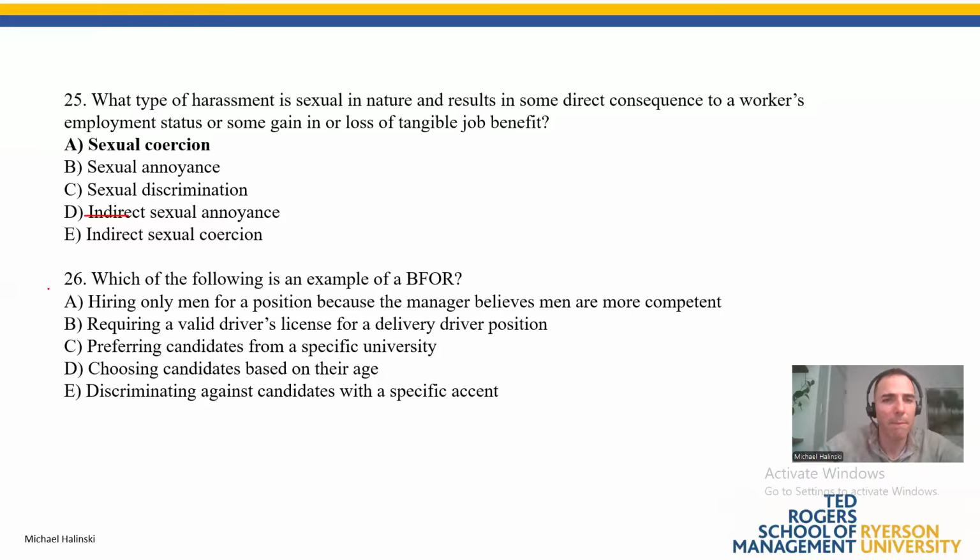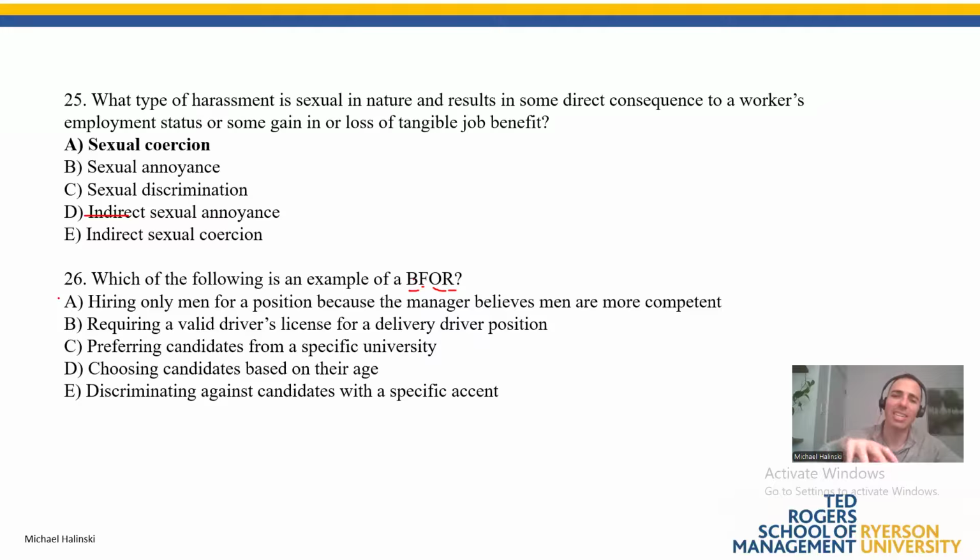Maybe I'll capture it somewhere here because we're talking about B4s now. Which of the following is an example of a B4? B4 is a bona fide occupational requirement. There's your B form. A bona fide occupational requirement is a situation where you are legally allowed to discriminate against a group of people.